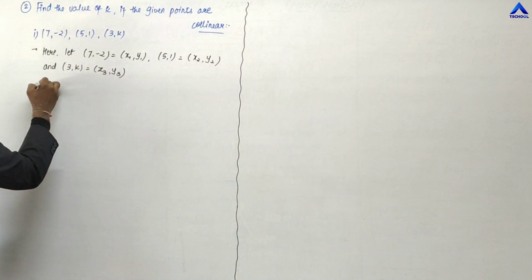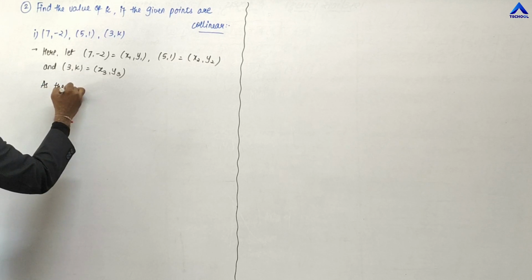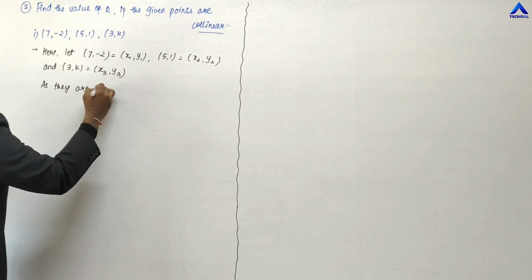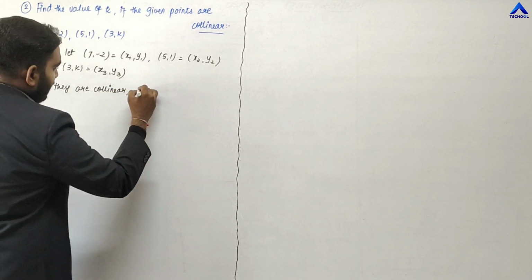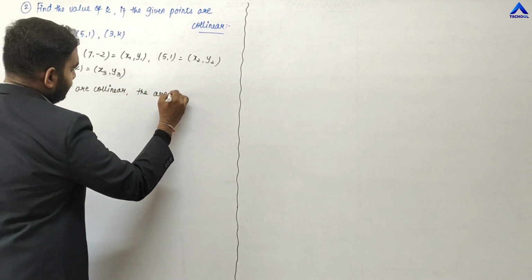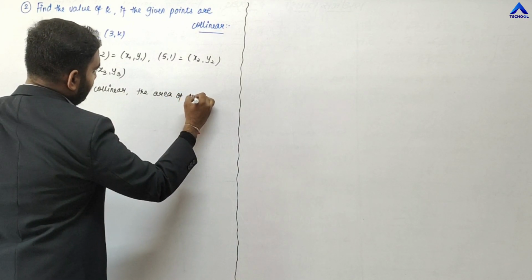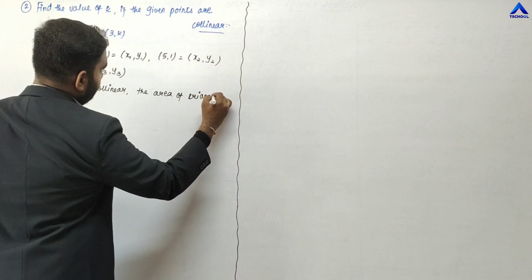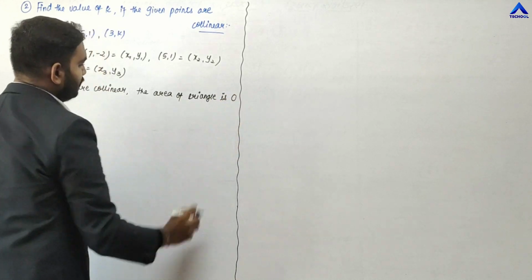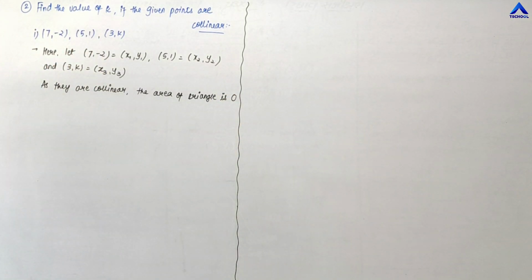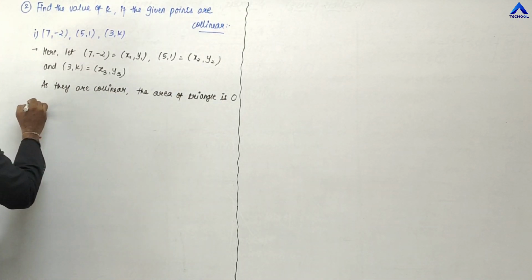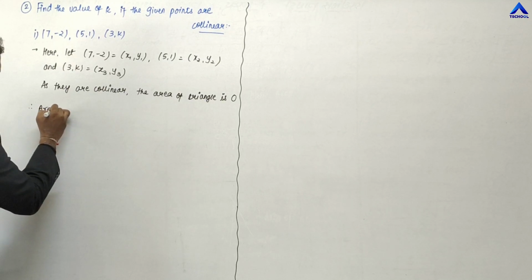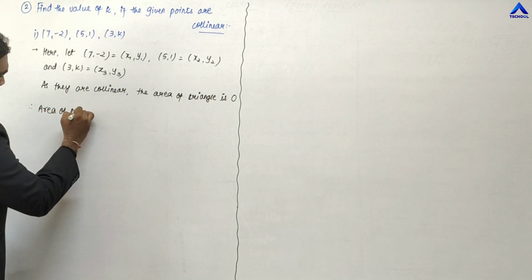As they are collinear, the area of triangle is 0. Right? We know that for collinearity, if 3 points are collinear, then the area of the triangle so formed is 0.